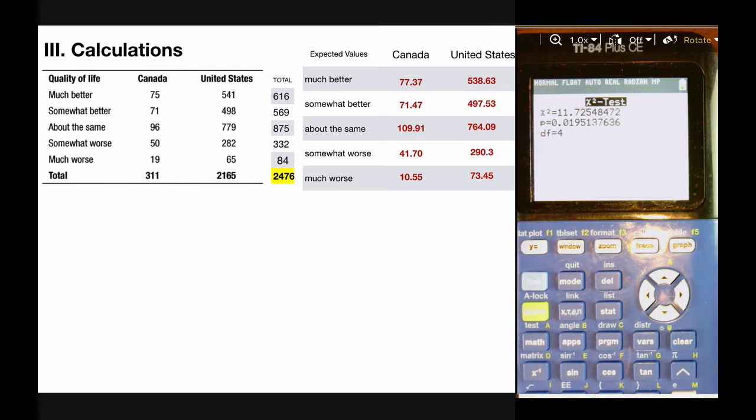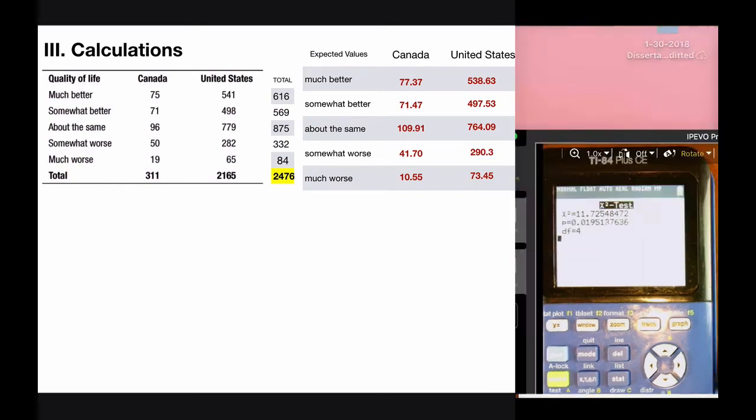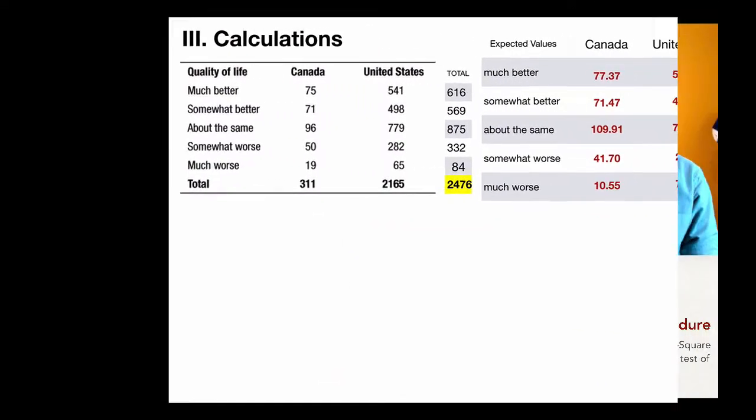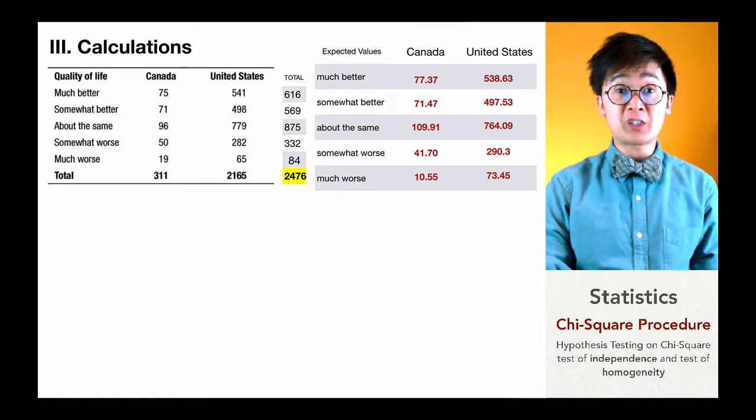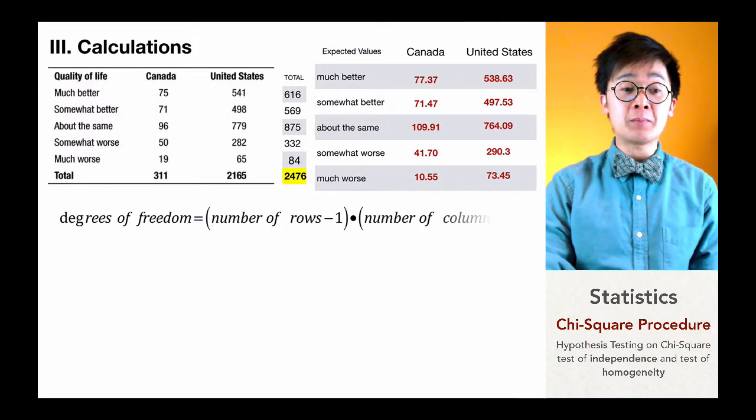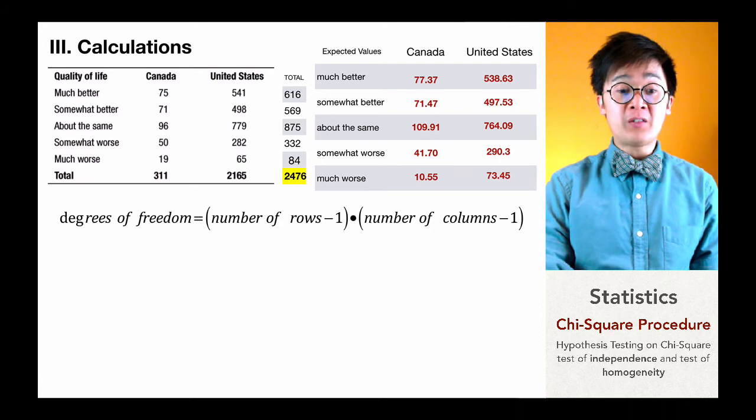Now sometimes on a test, you are asked to compute for the degrees of freedom, and I'm going to show you the formula in computing for the degrees of freedom for chi-square test for independence and test for homogeneity. Now going back to our table, we're going to compute for the degrees of freedom manually, and the degrees of freedom is given by the formula number of rows minus 1 times number of columns minus 1.